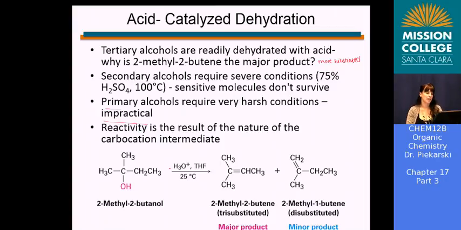Okay? And the reactivity and what we see in our results, that the more substituted alkene is formed, is based on the fact that we're seeing a carbocation intermediate. The type of mechanism, you've already seen this before in Chapter 11, this mechanism follows an E1 mechanism. Remember, when we make alkenes, you're doing some sort of elimination reaction, right?